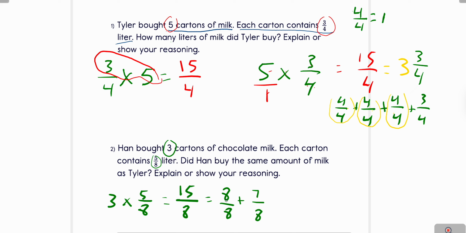So I broke this apart as 8/8 plus 7/8. So here I have one whole, so that's 1 and 7/8. So as you can see, this is 3 and 3/4 liter, and this is 1 and 7/8 liter. So this is more for sure. So Tyler bought more. So that's another way to look at it.